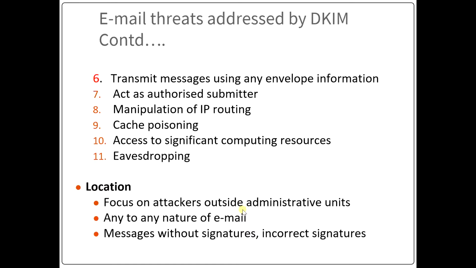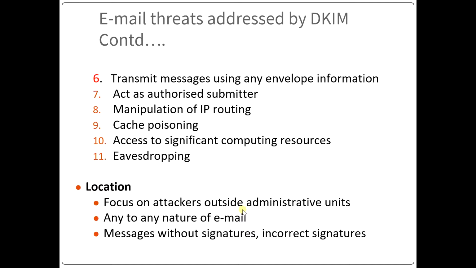Now, the third one that we have is the threat based on location. Here, usually in DKIM, the focus is primarily on attackers located outside of the administrative units of the claimed originator and the recipient. These administrative units frequently correspond to the protected portions of the network adjacent to the originator and the recipient.